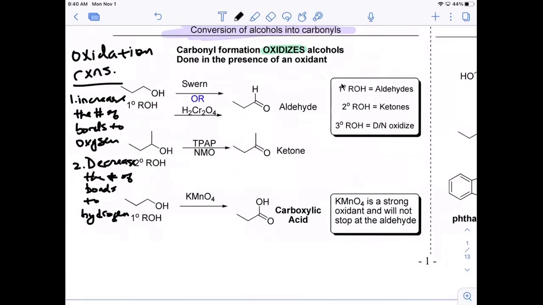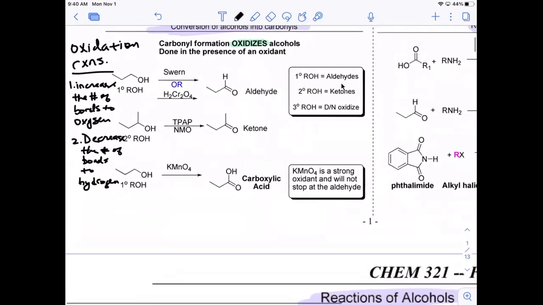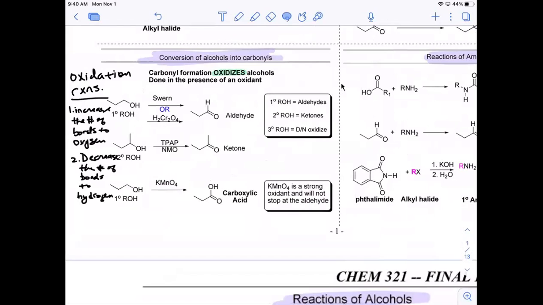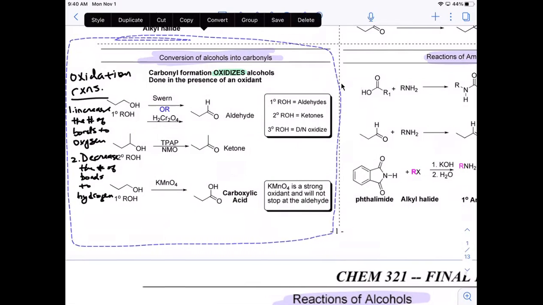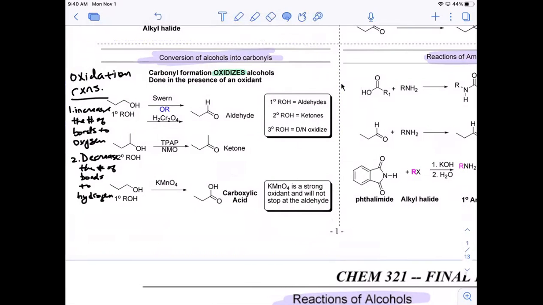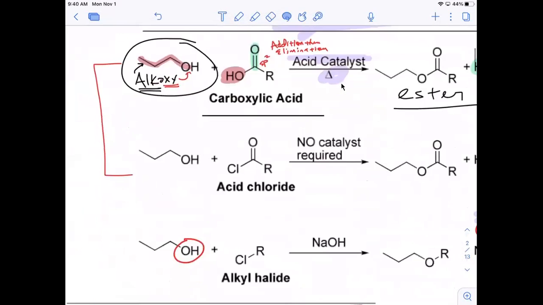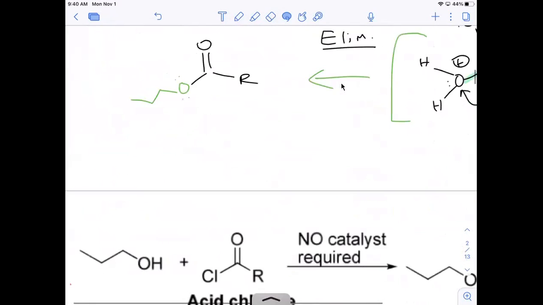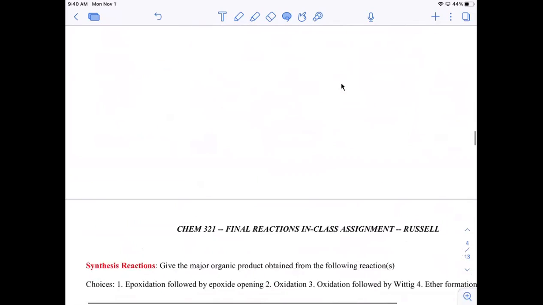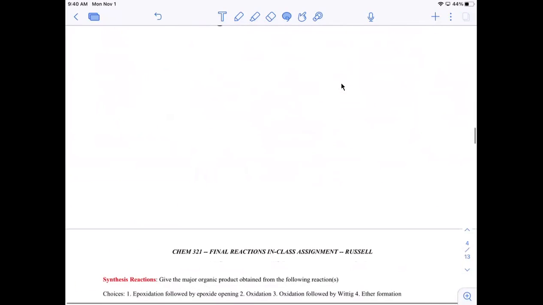So I'm going to go ahead and cut this out because I need to talk about how this happens. I'm not going to talk about the mechanism in detail for these because it can get a little convoluted with these different catalysts and things like that. But let me show you what has to happen in order to oxidize an alcohol up to a carbonyl.